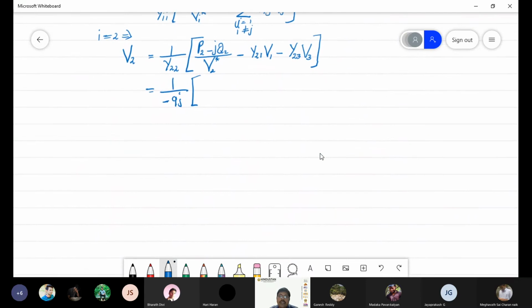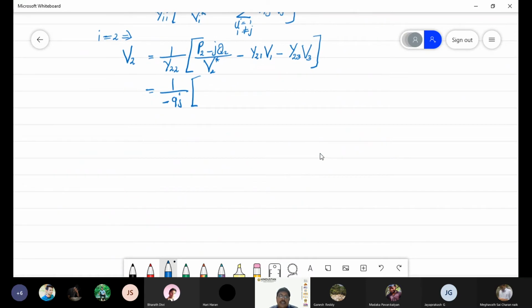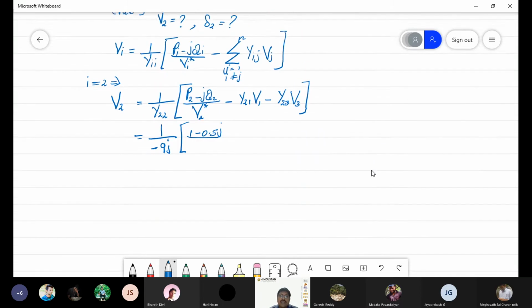So here in the formula, P2 is equal to 1 minus Q2 is equal to 0.5, and the j is as per the formula divided by, listen, where is the V2 value? V2 value is not specified, we do not know, alright.